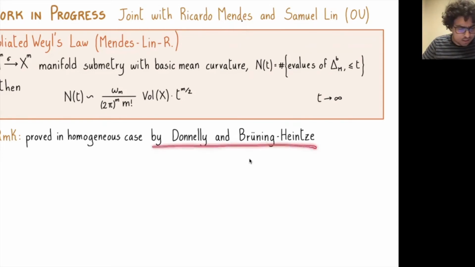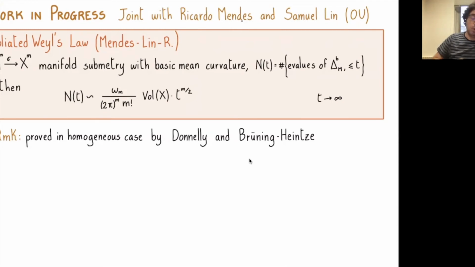Their results go a little bit more in depth, because the moment you have a group, you have a representation theory, you have a bunch more stuff that you can look at, and they produce something a little bit more general.